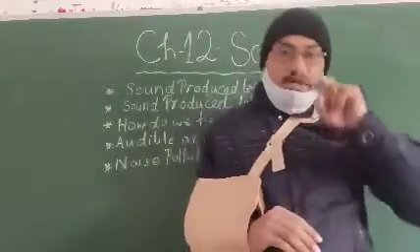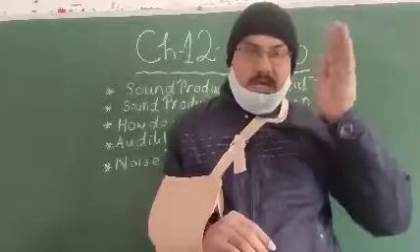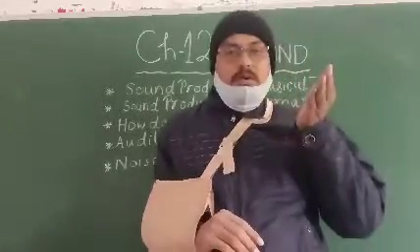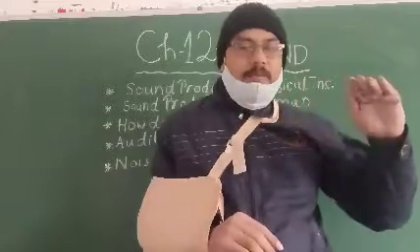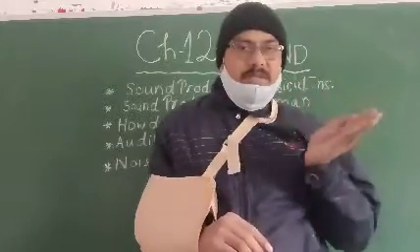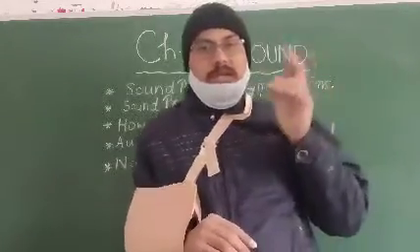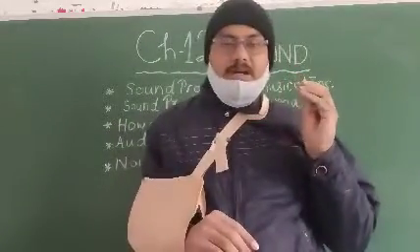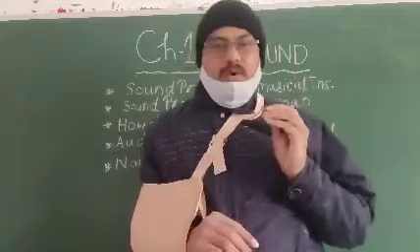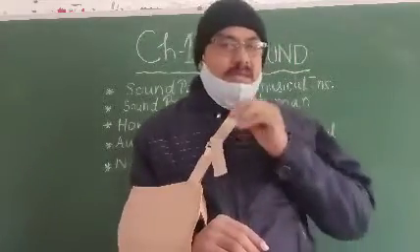Circular means a totally round figure, but semi means half round, just like a pipe cut in half, which forms a semicircle. So there are two parts present in our inner ear: one is the cochlea and the other is the semicircular canal.